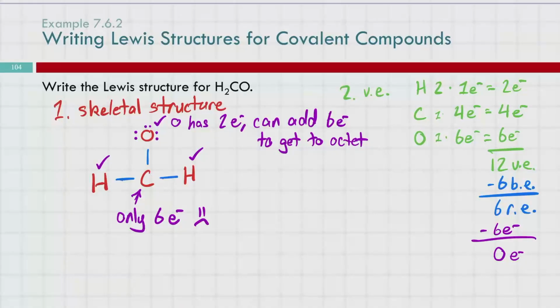Where can we find some extra electrons to share with our carbon? Our oxygen has some lone pairs. It's got some electrons that it's keeping all to itself. And so through the power of friendship, we can share one of those pairs of electrons to form a double bond. And so our structure will turn into something that looks like this.